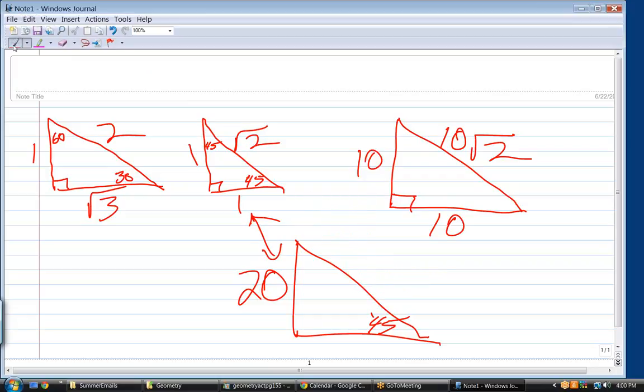Times 20. 20 to 1. So I still get the right hypotenuse. In other words, I don't have to compare it to anything in particular. I just have to pick a triangle that I can compare it to that I know the dimensions of. So these are the two that I use.